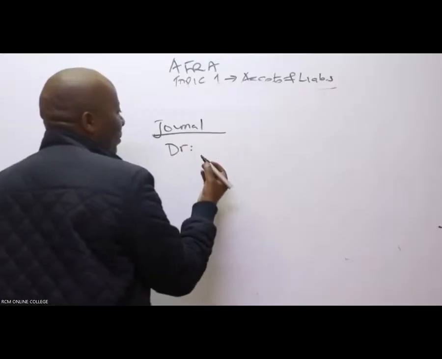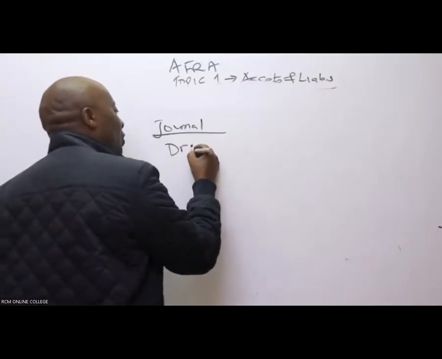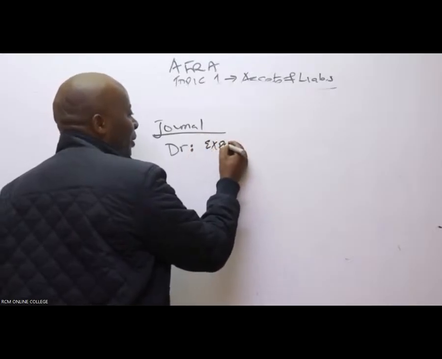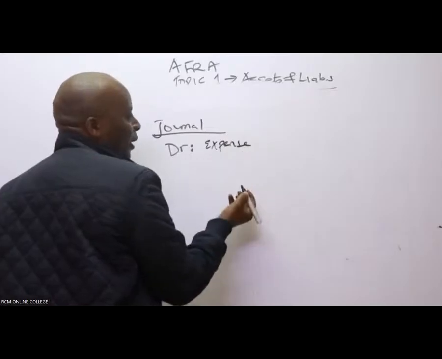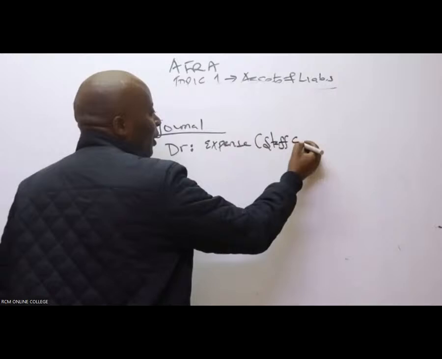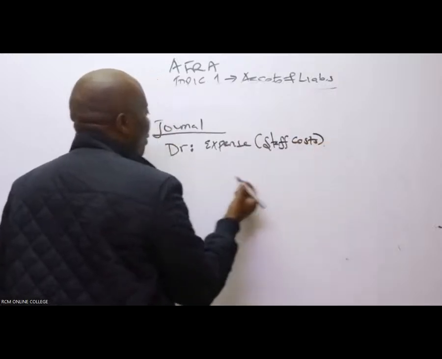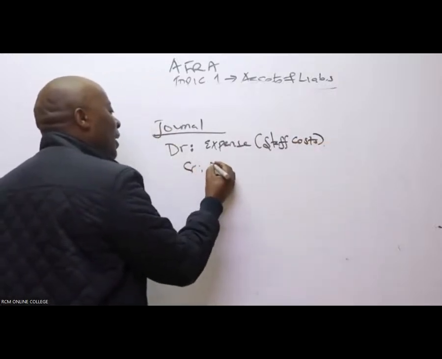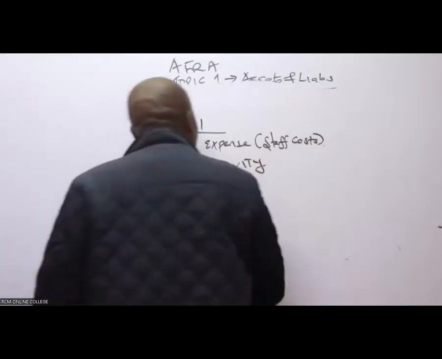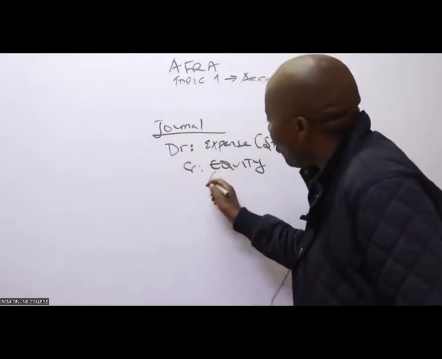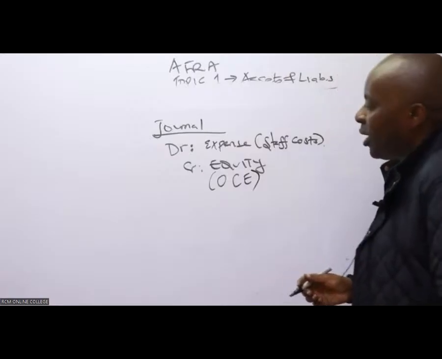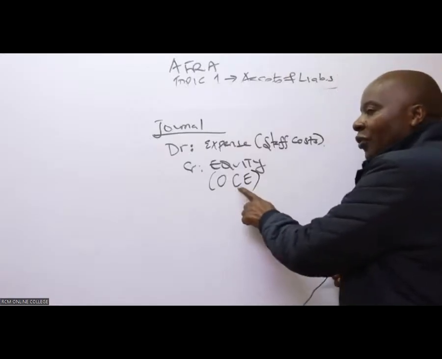In this case here, we have an expense. Of course, we shall call it the staff costs. And then we shall come under credit equity. Remember this equity, it will go under what we call other components of equity. Write this in full. Other components of equity.